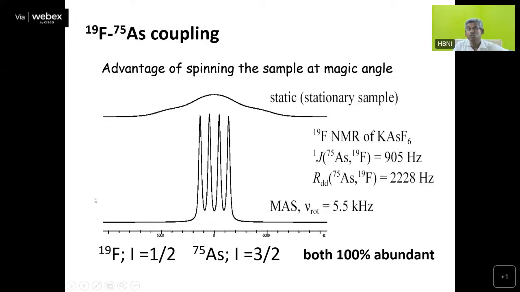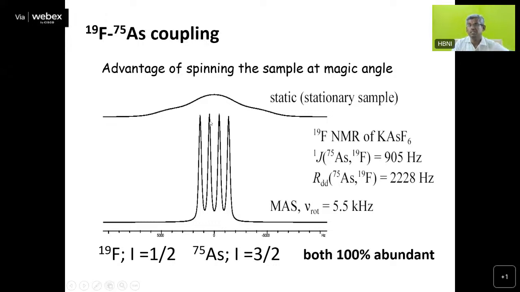Here we have recorded the fluorine-19 NMR. Fluorine-19 is a spin half nucleus. But arsenic is a nucleus with a spin greater than half, that is 3/2. Both are nearly 100% abundant. So this arsenic electronic distribution will be asymmetric in nature, not a spherical shape. So this arsenic can couple with the fluorine.